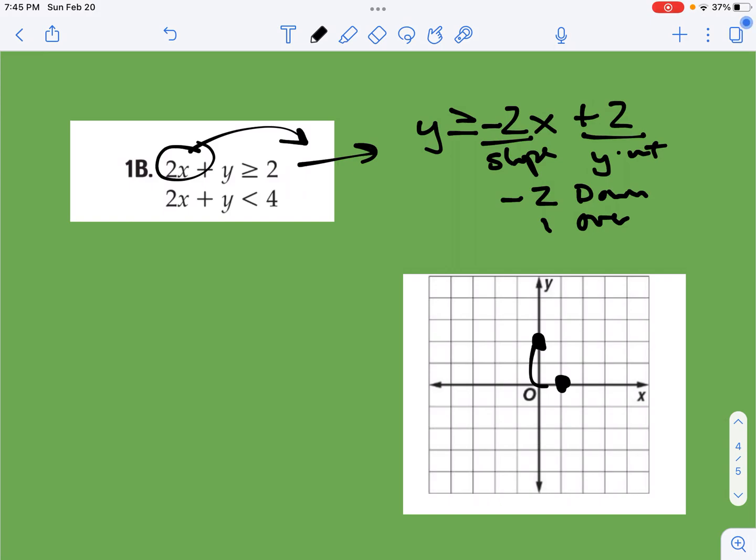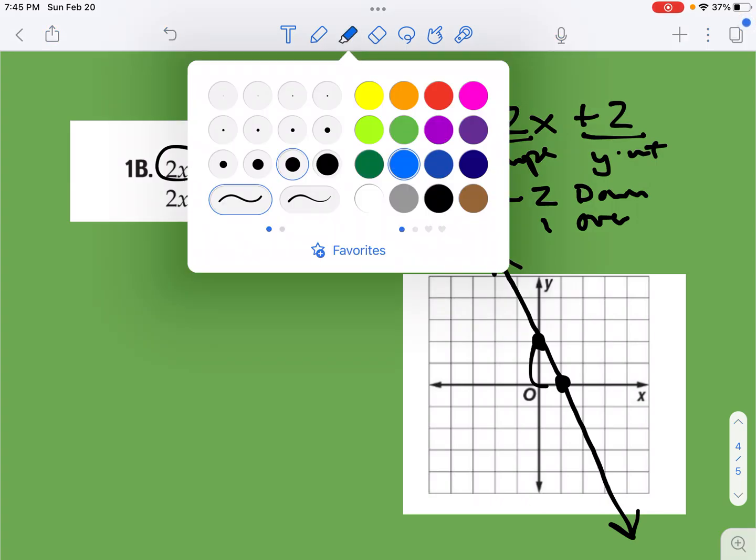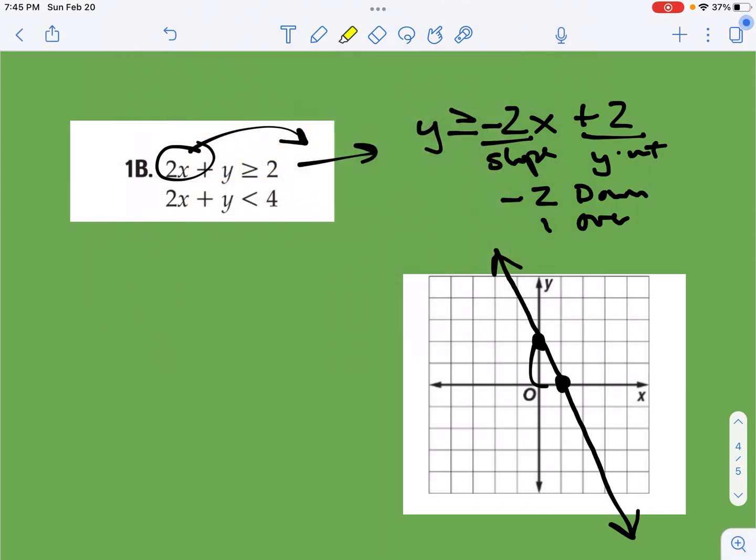This is going to be a solid line, and let's just draw it. Actually, that's not too shabby. Okay, let's shade this. Let's put 0, 0 in and see what we get. Let's use yellow first. If I put 0, 0 in this equation, you get 0 plus 0 is greater than or equal to 2.